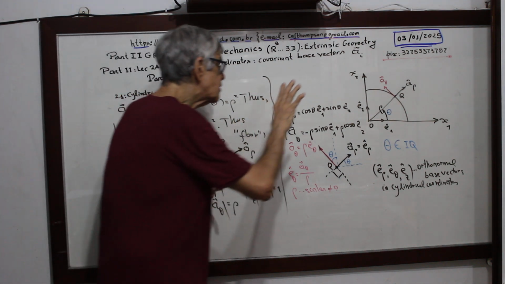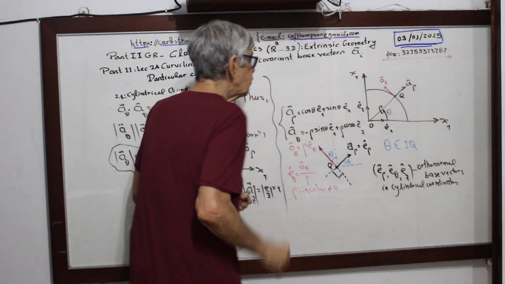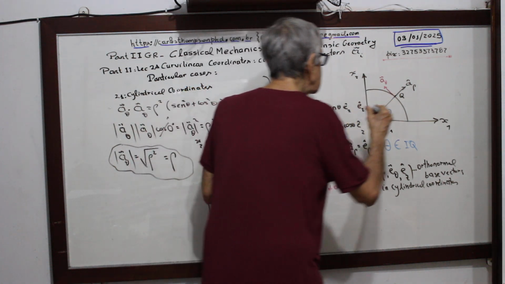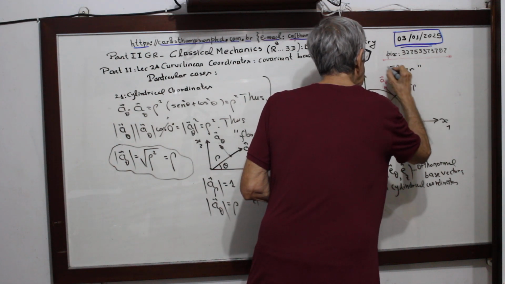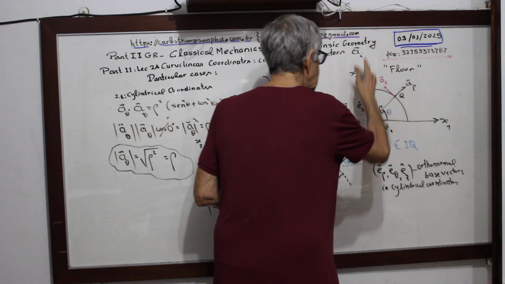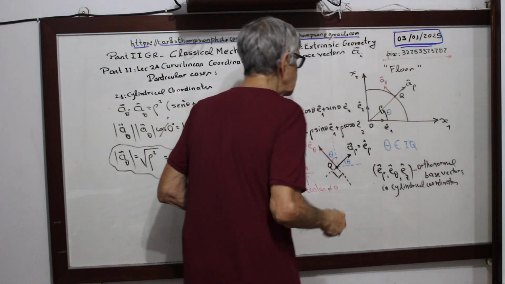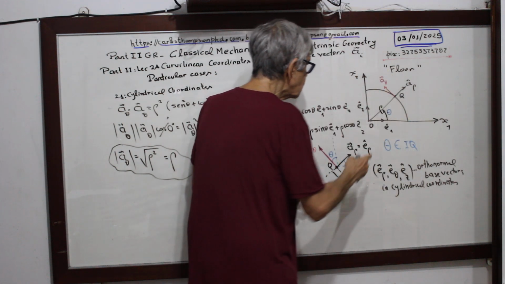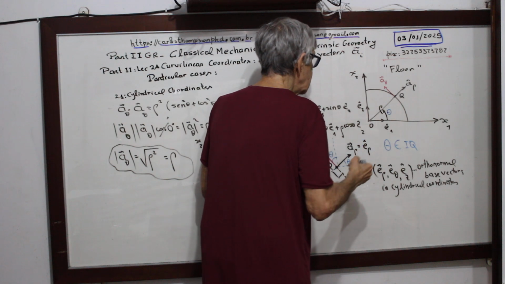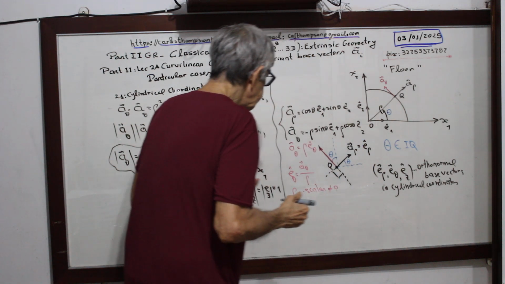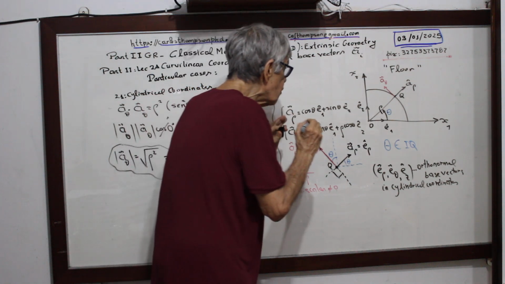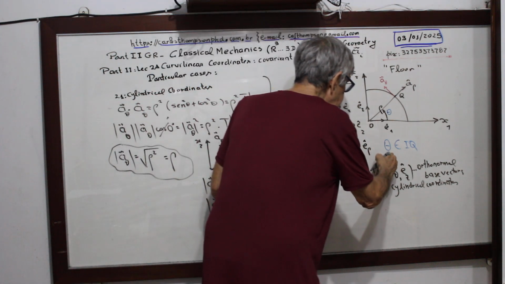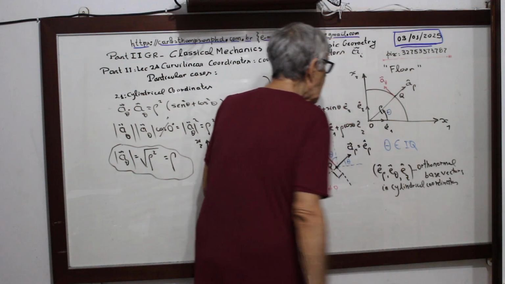Now, let's emphasize the floor. Okay? Don't forget this. This behaves like a floor. This is x and y, or x1, x2. You see the unit vectors are e1, e2. Now, look at the sign. First of all, consider theta belonging to the first quadrant.